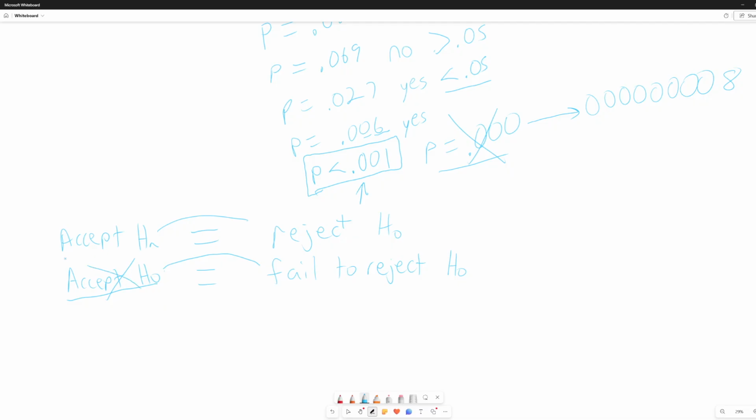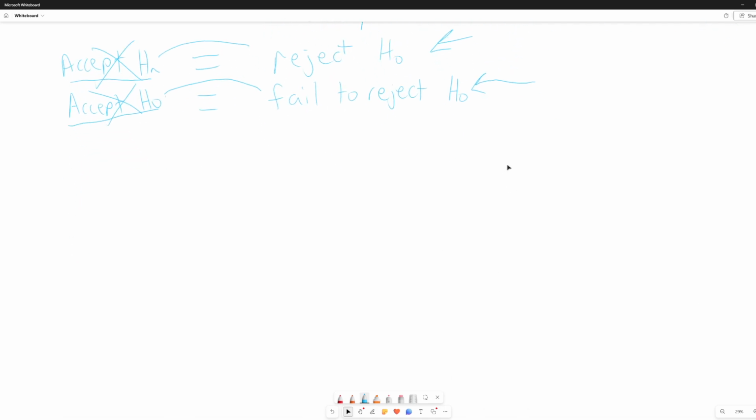The other thing that it's not doing is it's not asking, do we have evidence in favor of this? It's asking, do we have evidence against the null hypothesis, or do we not have evidence against the null hypothesis? That's the question that we're asking, and this is the logic behind null hypothesis significance testing. It's a very important type of understanding that we need to wrap our head around.